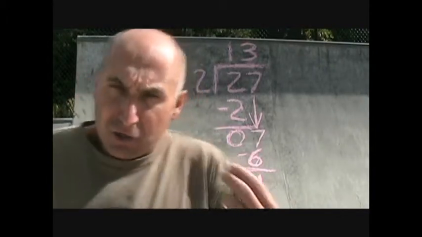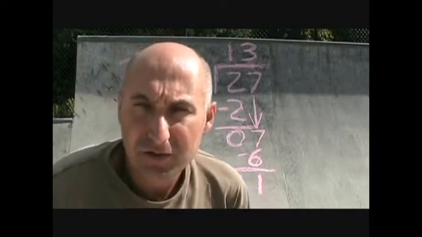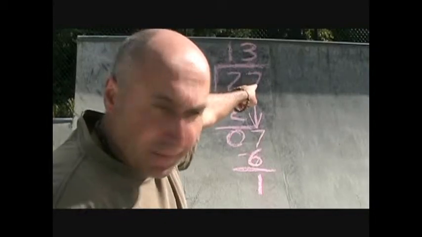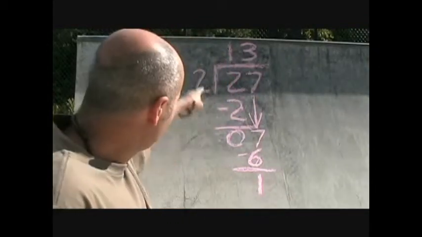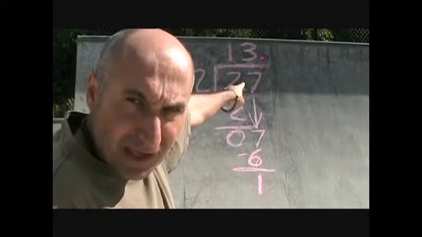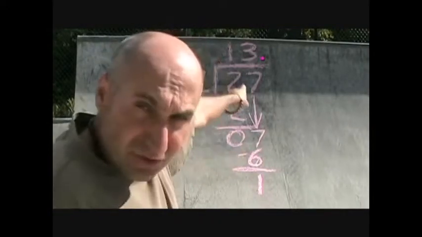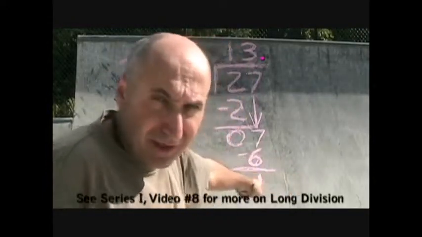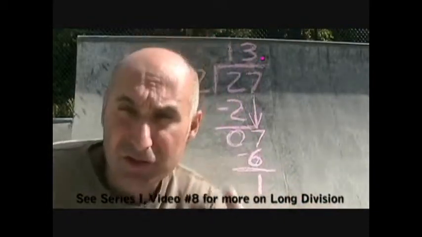Now, 2 doesn't go into 1. And what you could do, if you're looking for decimals, you could put a decimal after the 3 and then start adding zeros and continue from there, right? If you did that, you would put a decimal after the 3, so 13 point. As soon as you add a decimal, you can borrow as many zeros as you want and put them back here. You're not going to put 5 or 6 zeros, you're going to start out with 1 0.